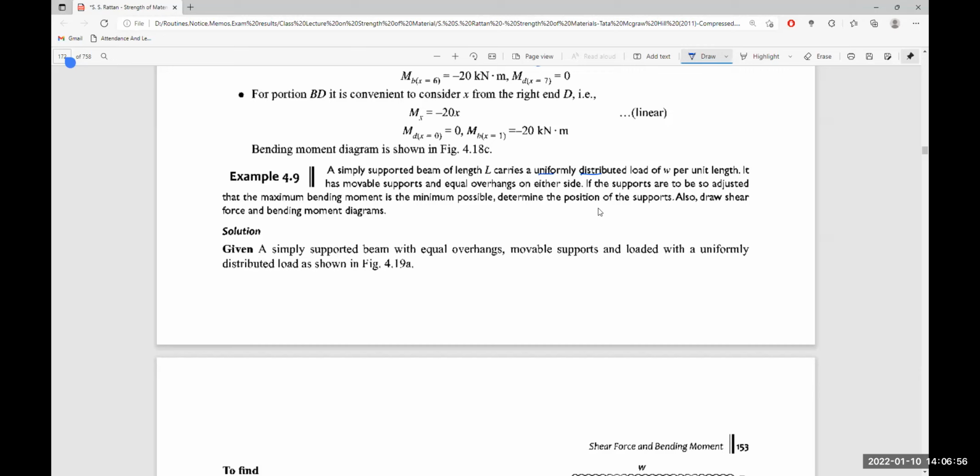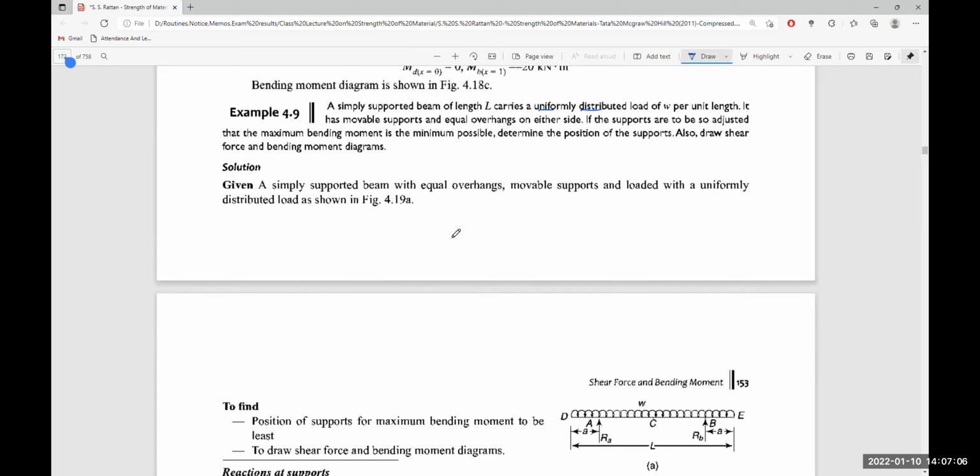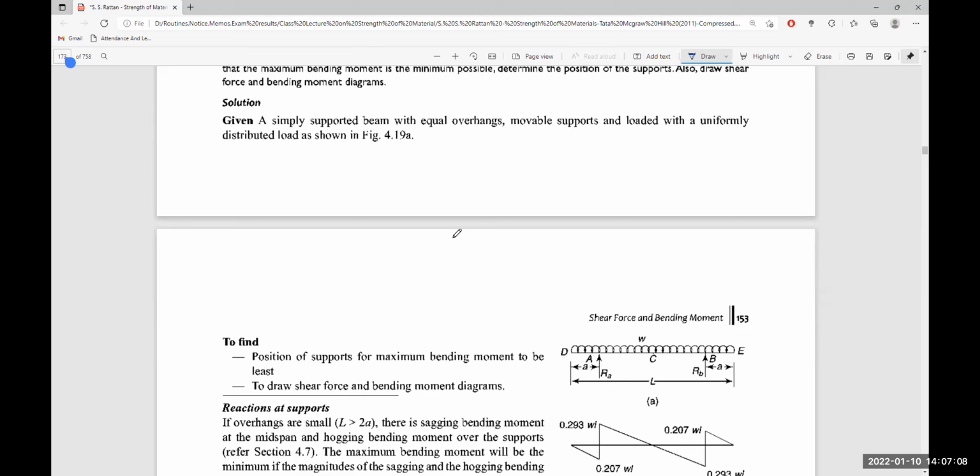So, in what position of the supports is the maximum moment the minimum possible? How will you calculate this problem? Let us examine what is given one by one. It is supposed to have equal overhang. So the supports should be at A and B, and the distance from each end to the support is equal to small a.